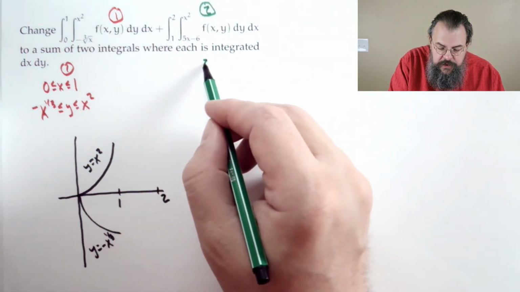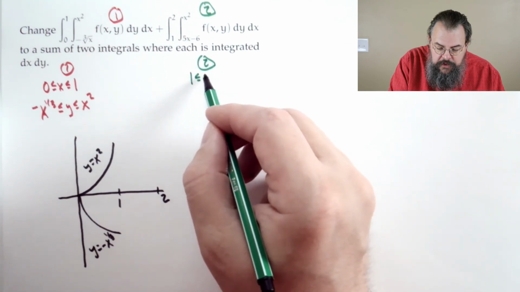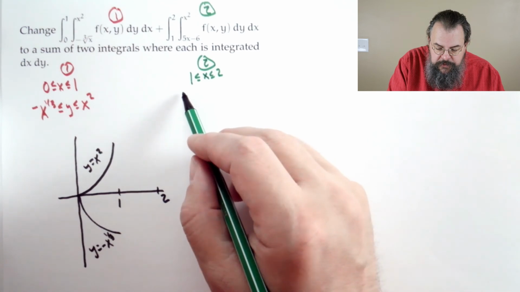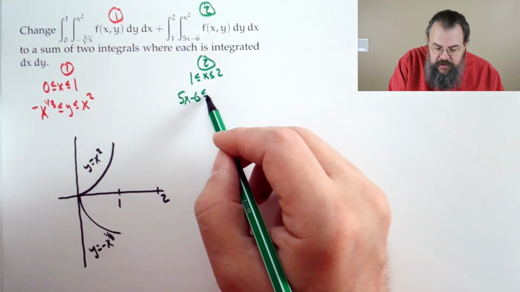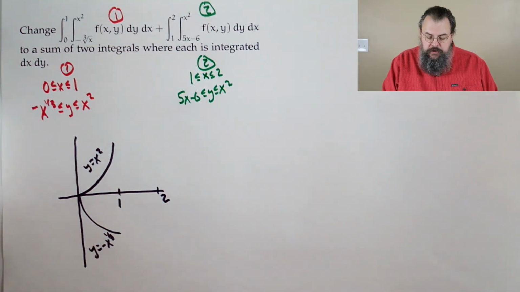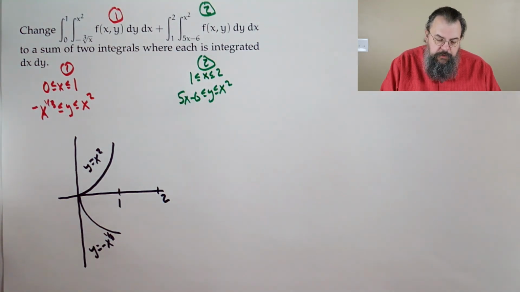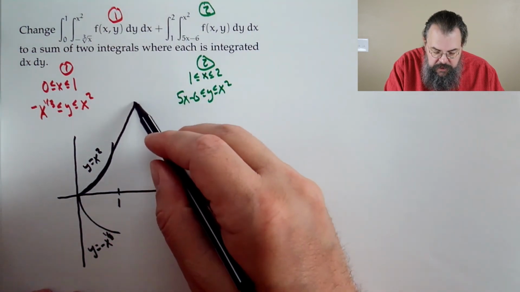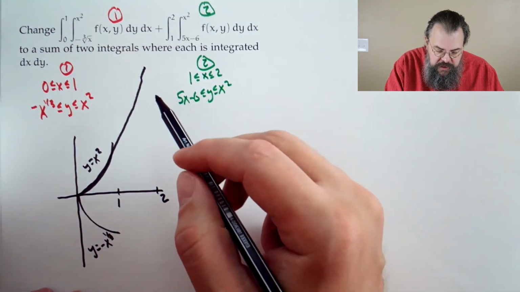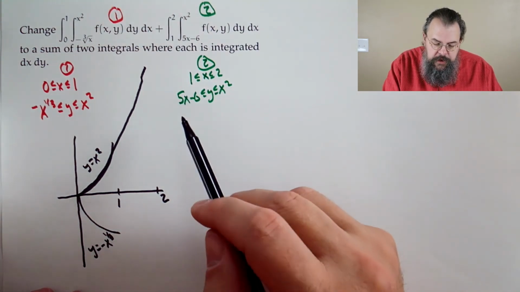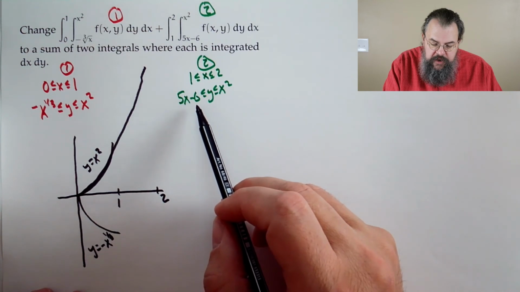So for this part, x goes from 1 to 2, and we're going from 5x minus 6 up to x squared. Well, that says we continue the x squared. It's going to go up quite a bit. That's all right. And what happens? We have 5x minus 6.